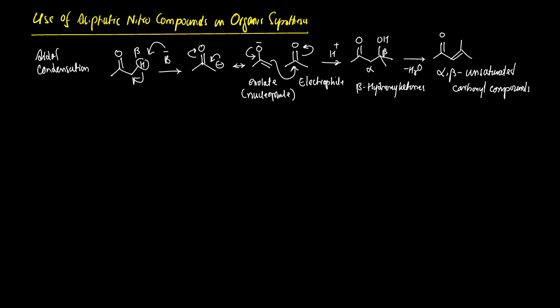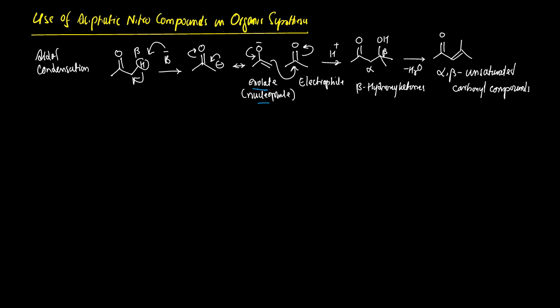in which the starting material such as aldehyde or ketone undergoes enolization. A base abstracts a beta proton, and it gives rise to formation of an enolate. This is an enolate, which acts as a nucleophile, and that adds to another neutral molecule of aldehyde or ketone for giving a beta hydroxy ketone.